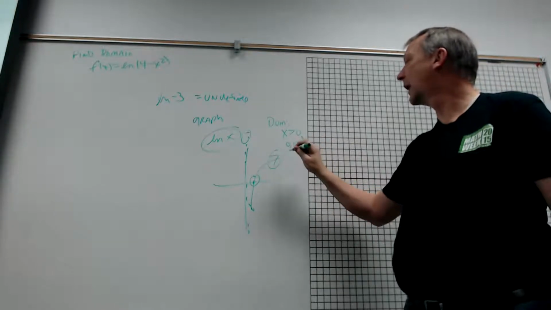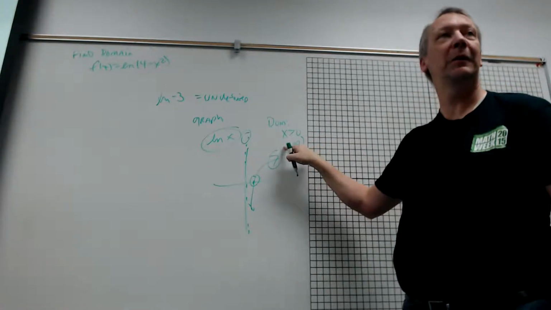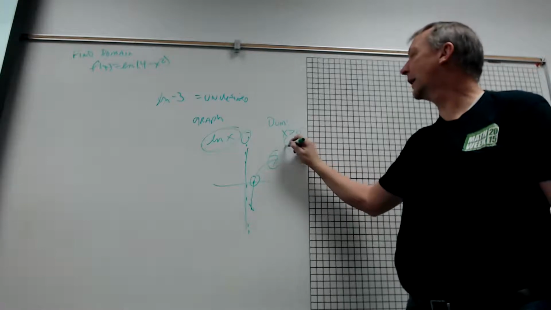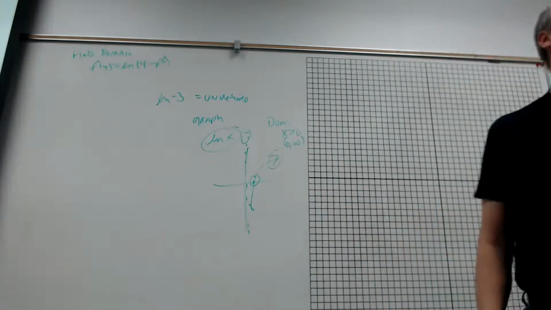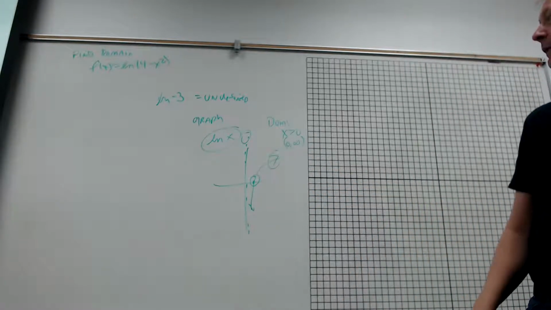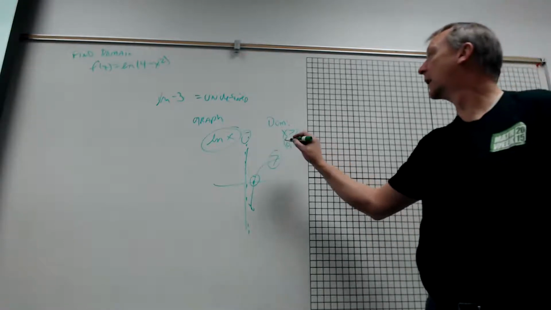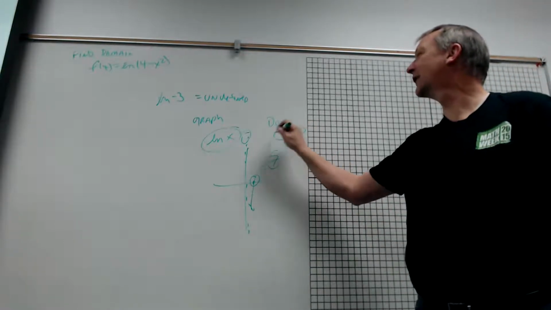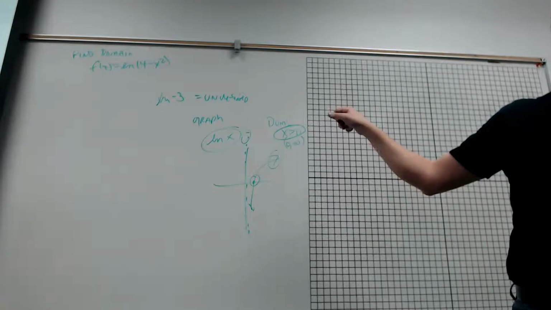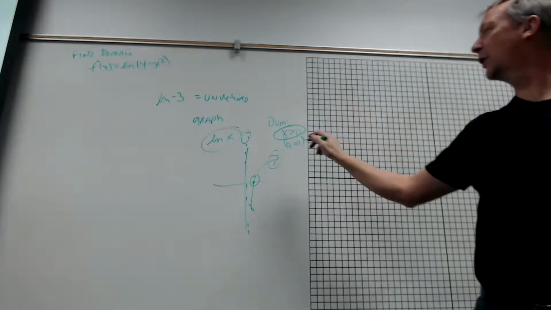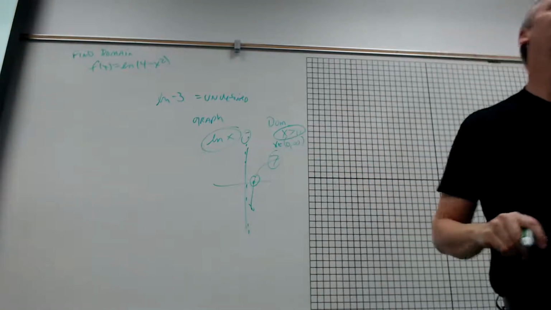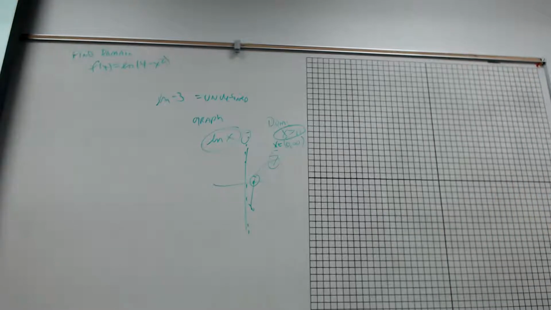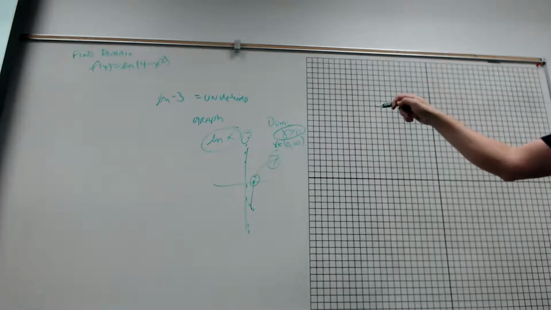Is this a square bracket or a round bracket? It's round because it cannot equal 0. That is fully correct for a domain.